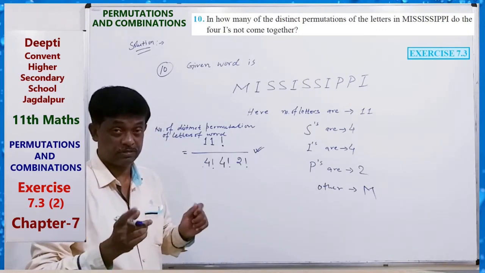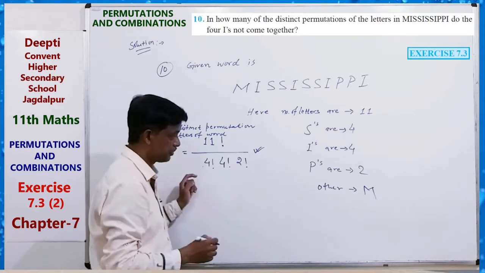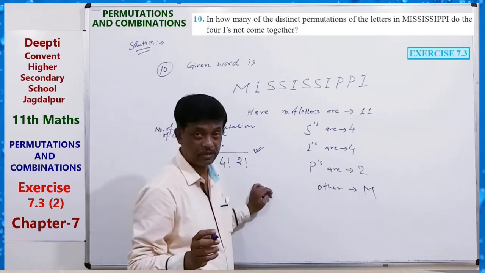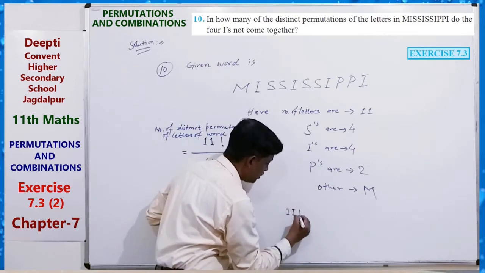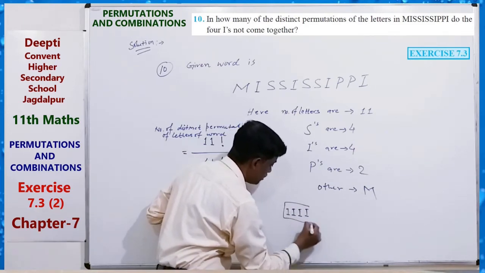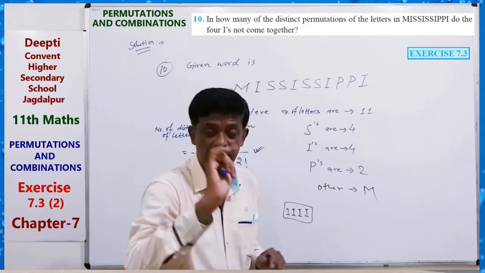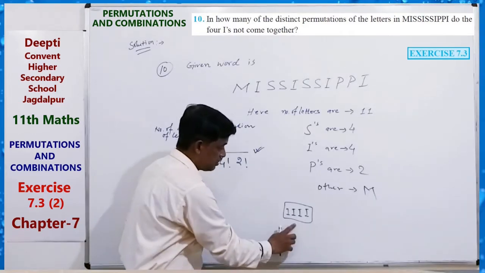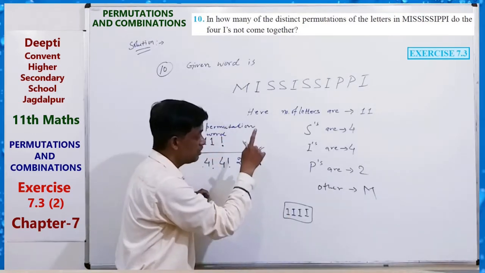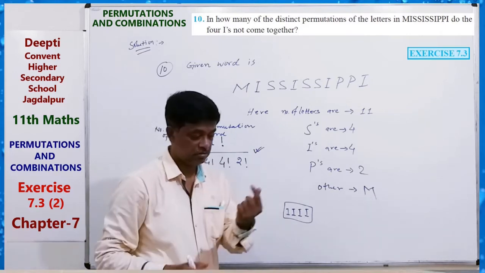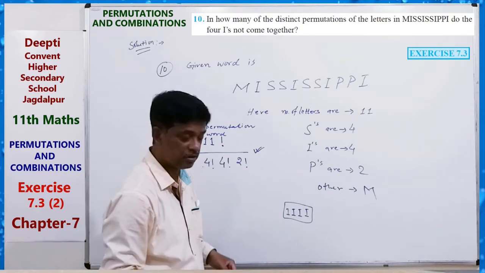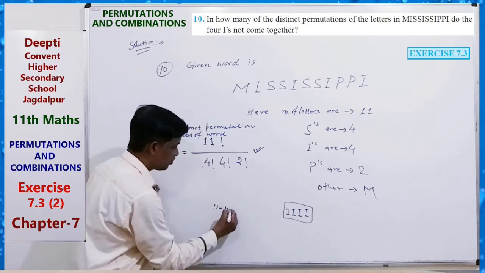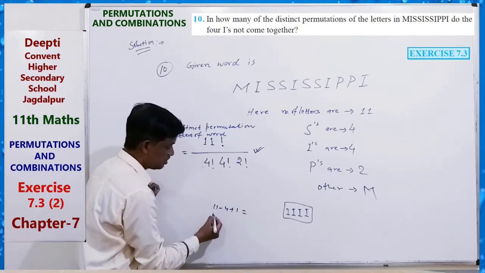So we have to subtract that number. Suppose we take the 4 I's as a single digit. So 4 will count as a single digit. So 11 minus 4 plus 1 equals what?